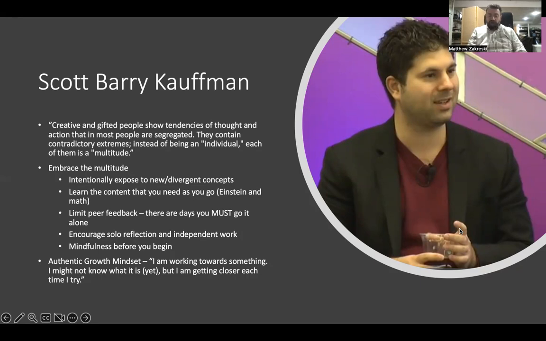It's also worth noting here that sometimes we have to jump forward without knowing all of the content. So there's a famous story about Einstein where when he wrote the theory of relativity, he knew the physics, but he didn't know the math.